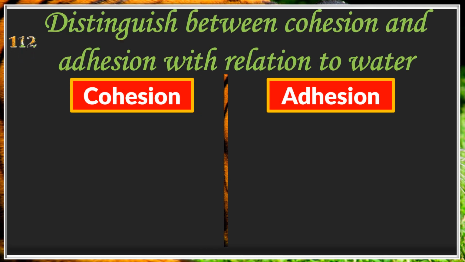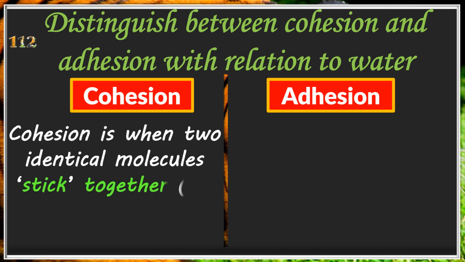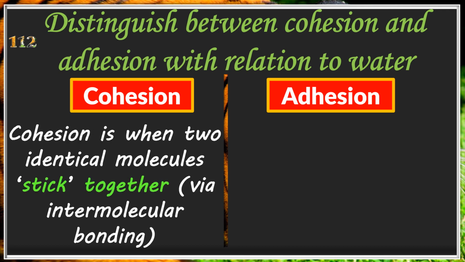Distinguish between cohesion and adhesion with relation to water. Cohesion is when two identical molecules stick together. That is via intermolecular bonding.